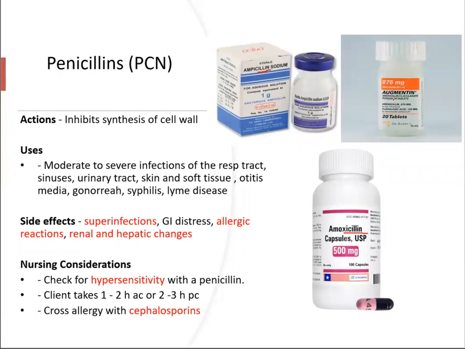So that will be your Augmentin. These drugs inhibit synthesis of the cell wall, meaning they are bactericidal. They are used for moderate to severe infections of the respiratory tract, the sinuses, the urinary tract, the skin and soft tissue, otitis media, gonorrhea, syphilis, and also for Lyme disease.